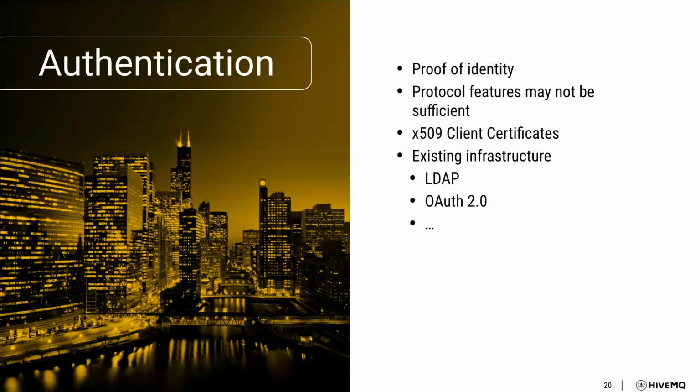And so this server typically uses existing infrastructure like an LDAP or Microsoft Active Directory or OAuth 2.0 service. All of these already existing security measures within your company can be leveraged for proof of identity of your clients.